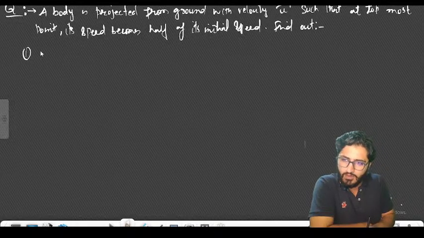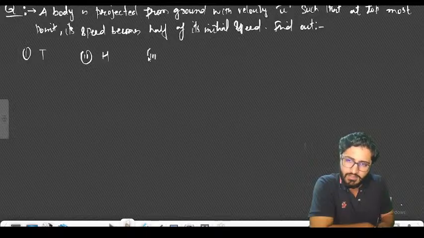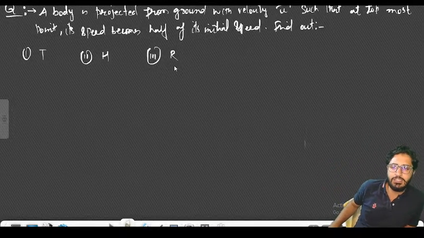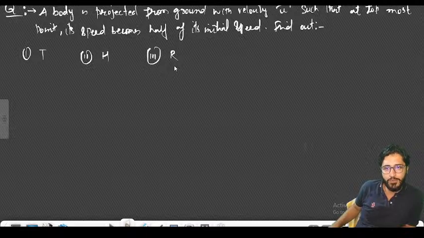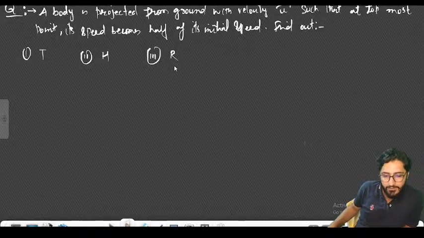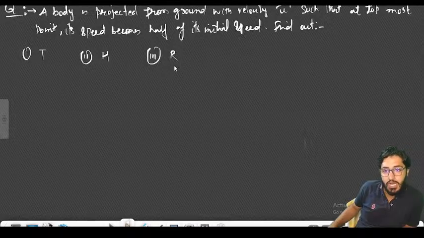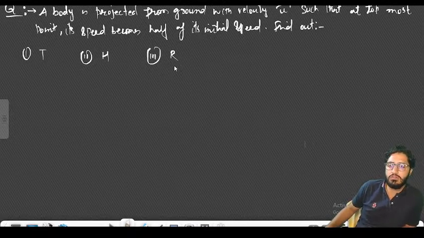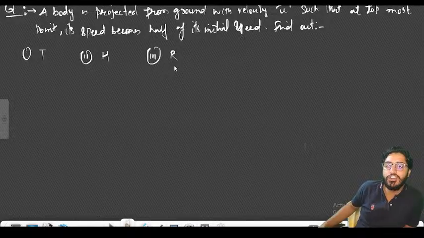First part, time period. Second part, height. Third part, range. These are the information given to us. We have a body projected from ground with velocity u and some angle theta, such that at the topmost point its velocity becomes half. We need to find the time period, the height, and the range of this motion.